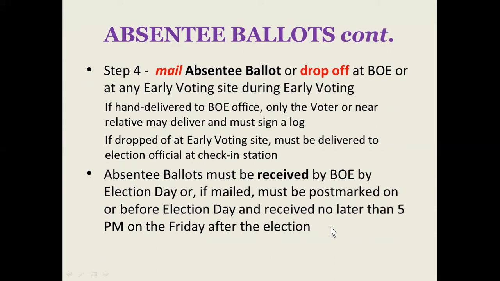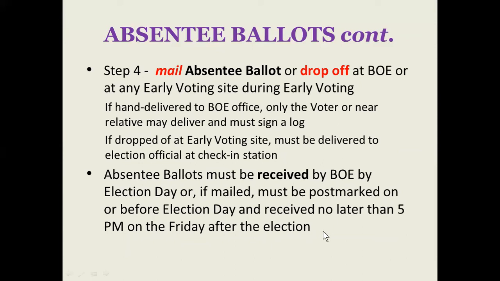If it's hand delivered to the Board of Elections, only the voter or near relative may deliver it, and they must sign a log. The county Board of Elections must track who drops off each absentee ballot. If it's dropped off at an early voting site, it must be delivered to the election official at the check-in station.